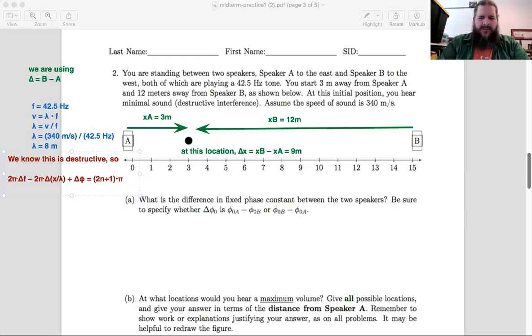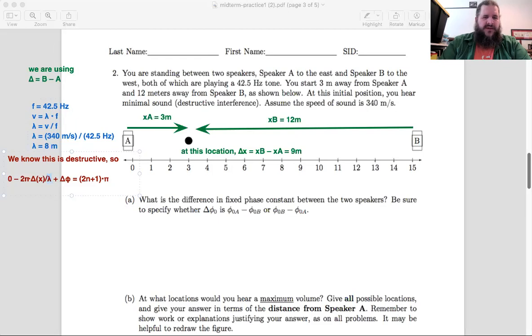Formally, we would say delta time times frequency, but both waves are arriving at your ears at the same time, and they have the same frequency, so this entire term is 0. Also, since both have the same wavelength, wavelength can be factored out of the delta. Any constant multiplier or divisor can be factored out of a delta, because delta is just subtraction.